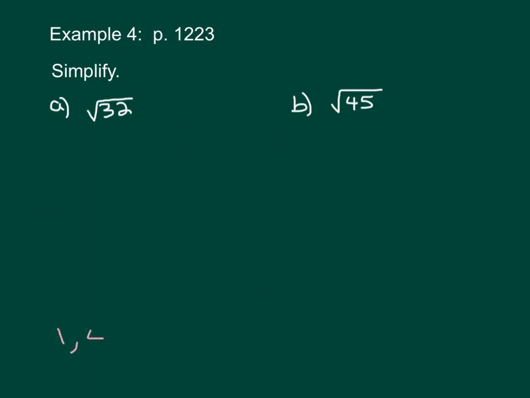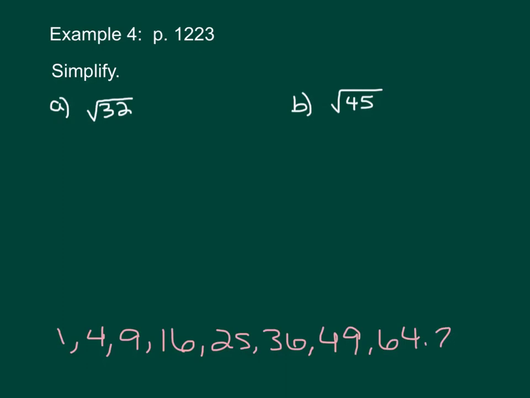So 1, 4, 9, 16, 25, 36, 49, 64, 81, 100. Alright, so I'm looking at 32. Can 32 be divided by any of these numbers at the bottom? Yes, it can be divided by 4.